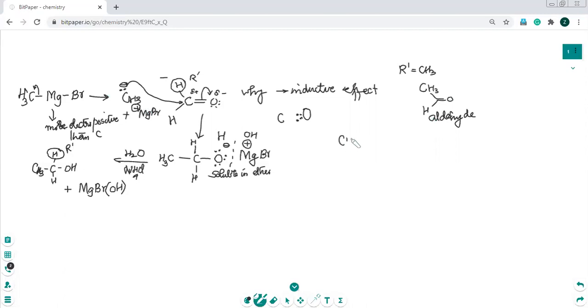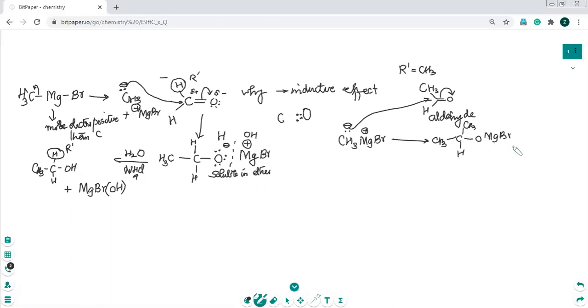See here. Let me take CH3MgBr reacting with the aldehyde. CH3 is negative, MgBr is positive, so this will attack here. See this, CH3, C, CH3, H, and OMgBr.